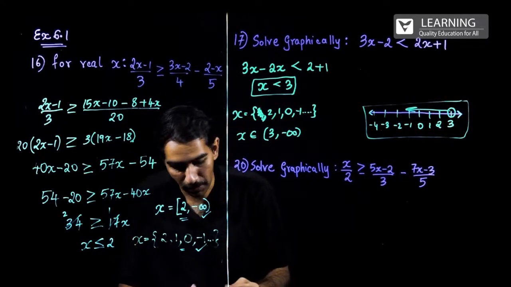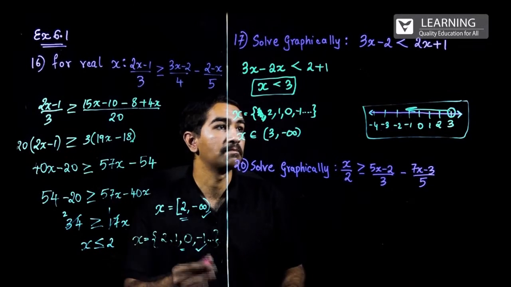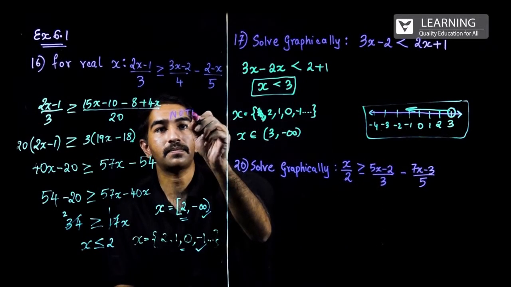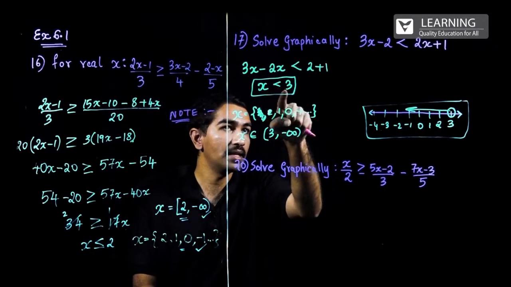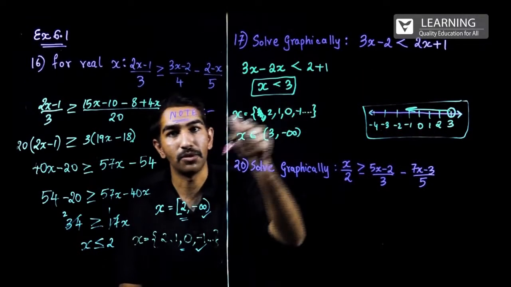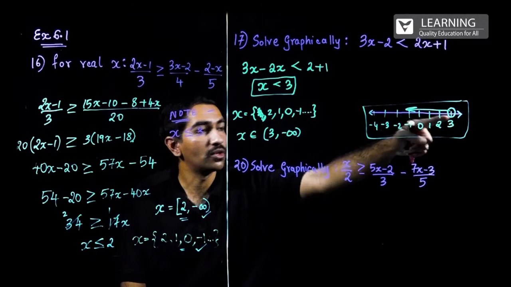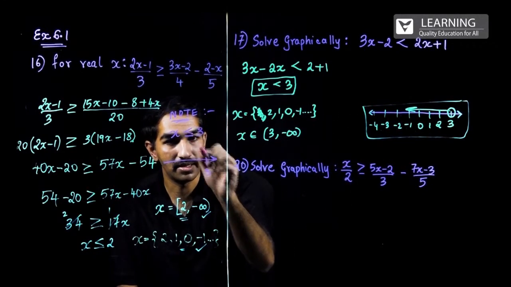Here one point you have to note. If it is x lesser than 3, then you have to draw a bubble. If suppose it is x lesser than or equal to 3, then how do you draw that? Same thing, like this. So this is 3, and it is equal to 3.